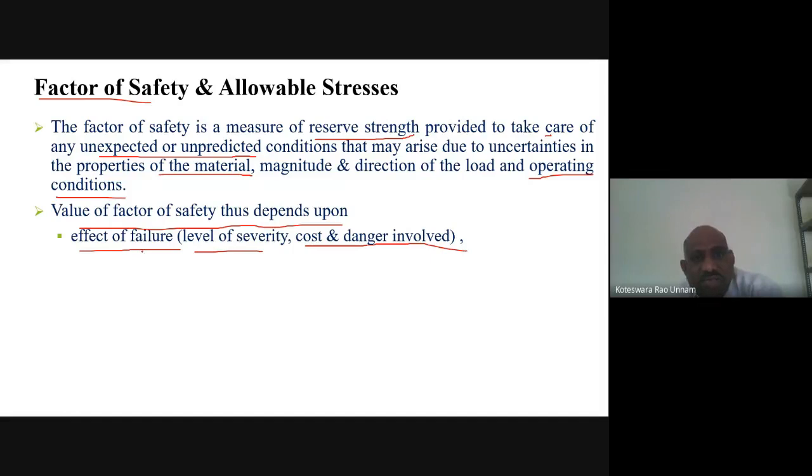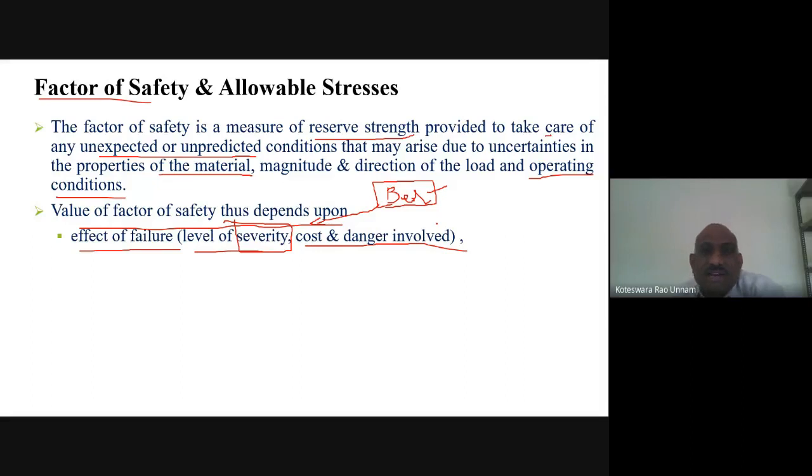Suppose the design engineer is designing a bearing of a shaft. If this bearing fails, the severity of the failure is not going to be that much. It is not going to damage the surroundings. It is not going to create any major failure if a bearing in a shaft fails, or similarly a bearing in a gearbox.